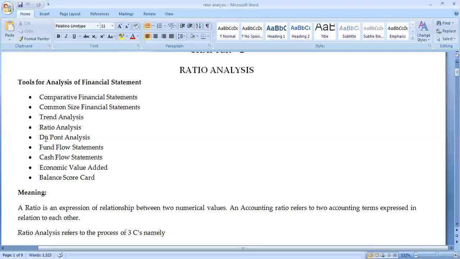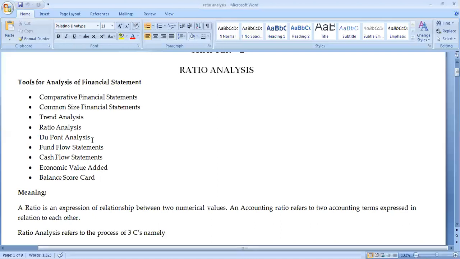So one more is DuPont analysis. This is not there in your syllabus, but for the information, DuPont analysis is one of the models for the financial ratio, which is based on the return on equity ratio. So what is return on equity ratio and what is the purpose of its usage?